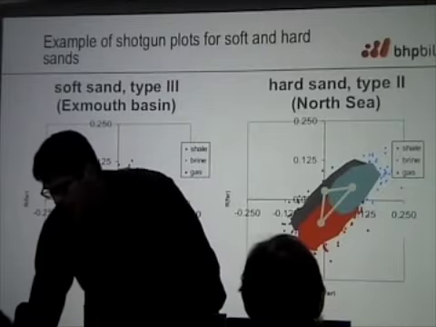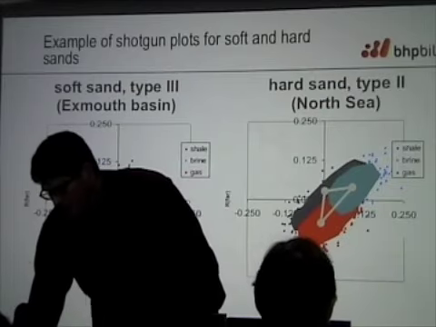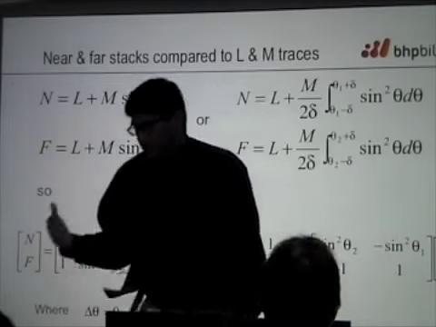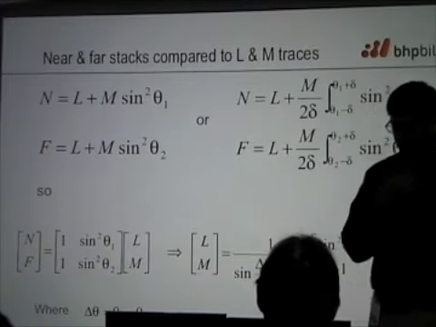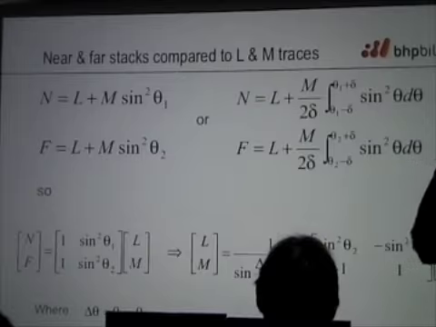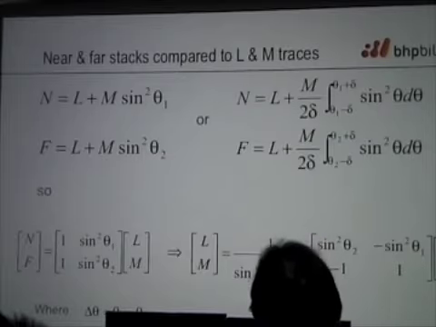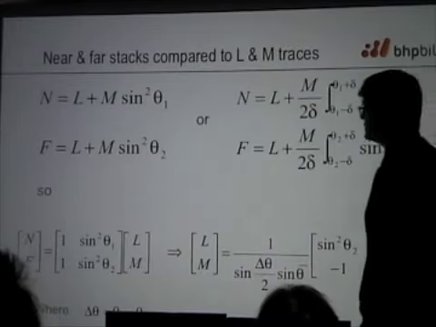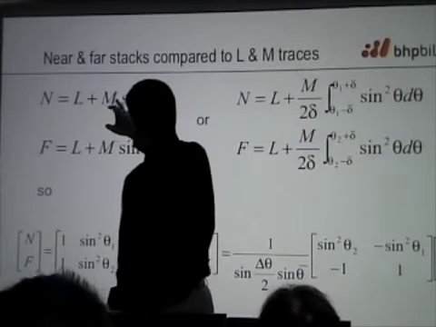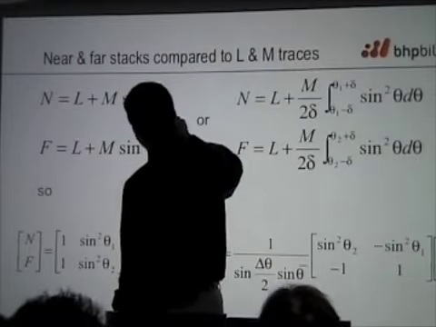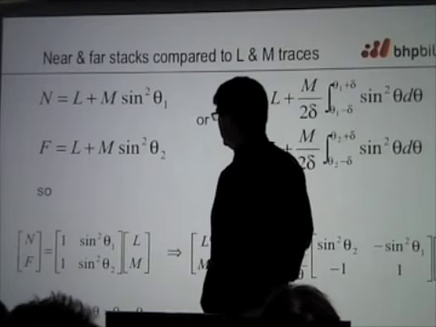And now let me talk about this space a little bit more. You'll say, well, you're using near and far rather than L and M. Well, you can write that the near stack is going to be L plus M sine squared theta 1, where theta 1 is a small angle.